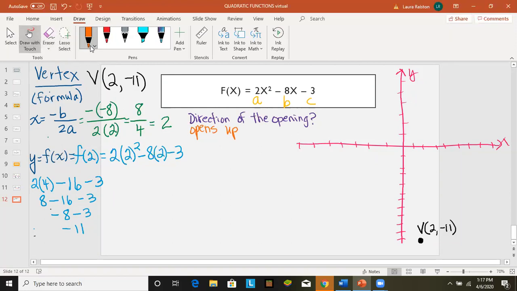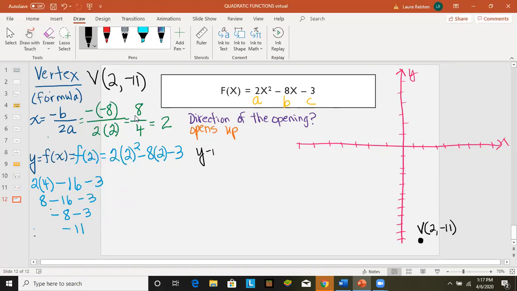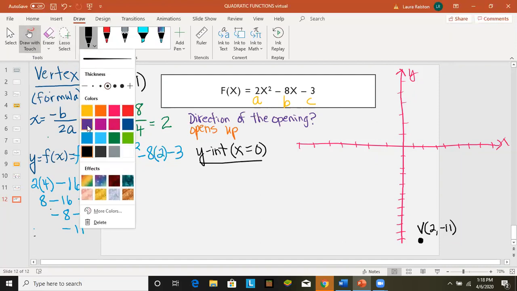I then need my other key points. So I want to find the y-intercept. You find the y-intercept of any function by letting x equal 0. So again, that's a plug and chug. I'm going to substitute 0 into the original function.